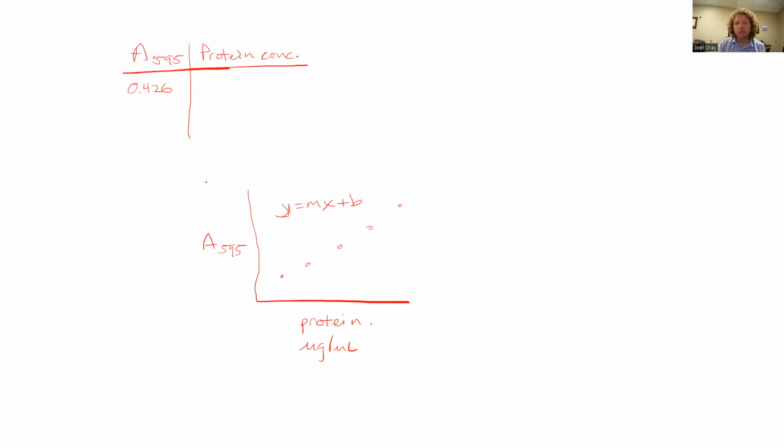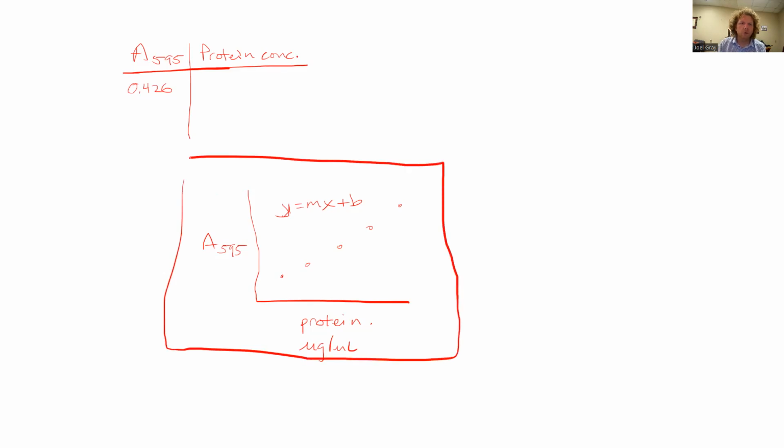So the data that you collected through chromatography, say the 0.426, you plug into a previously produced y equals mx plus b. You're going to plug that 0.426 into your equation for y.